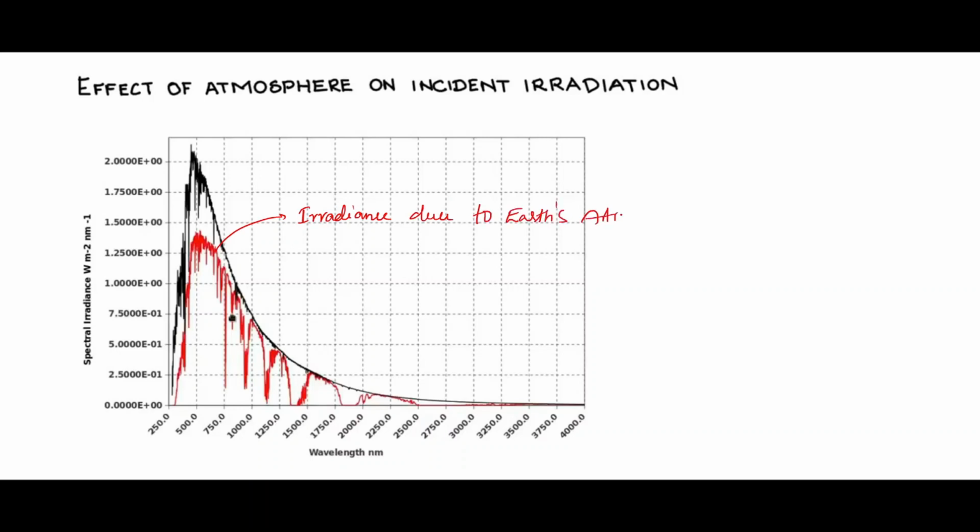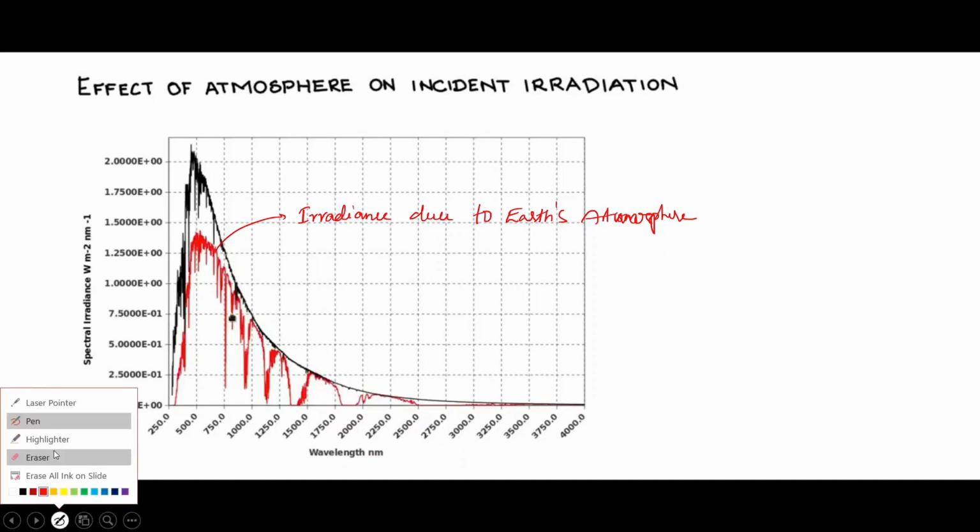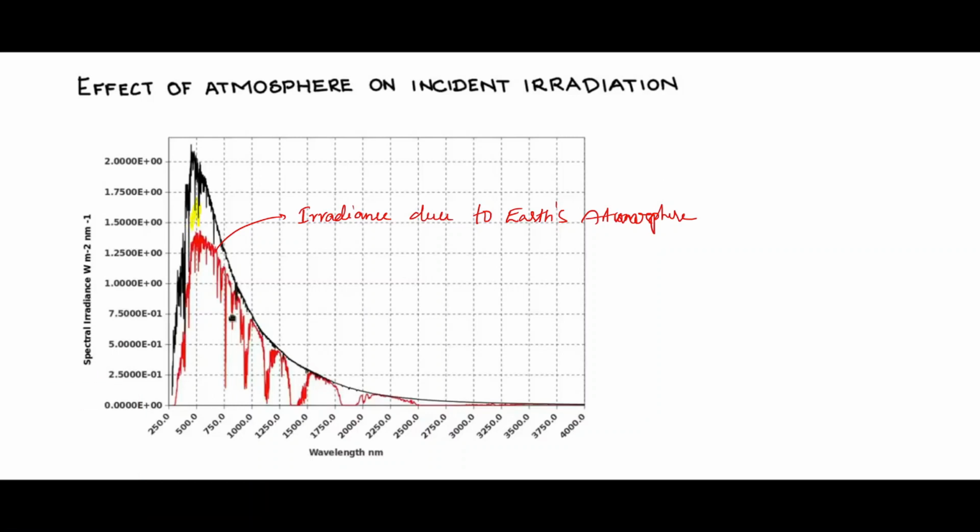If you can observe this, some portion of the irradiance has been attenuated. This portion here has been attenuated. Some of the energy has been lost due to atmospheric conditions.